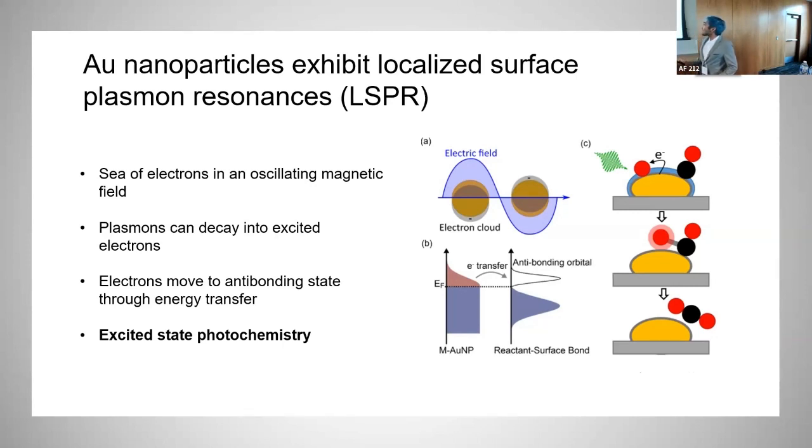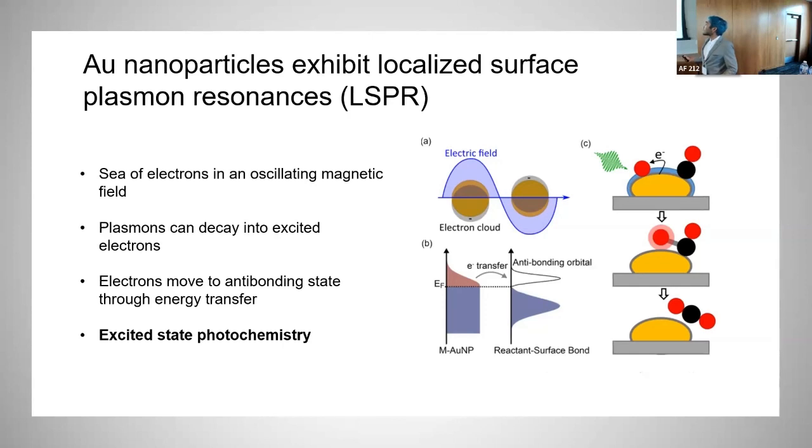These metals have what's called a sea of electrons, which is a continuum of electronic states, a lot of electrons, which you can envision as filling a bucket full of electrons. And essentially what we can do with that is excited state photochemistry. You can see in figure A how this sea of electrons can be excited using UV visible light.